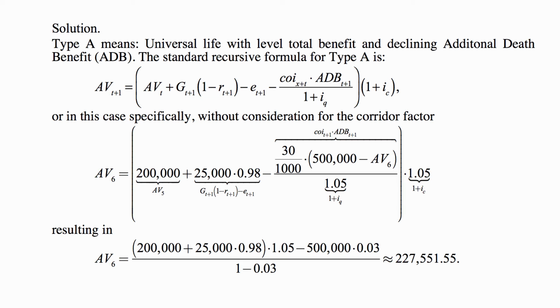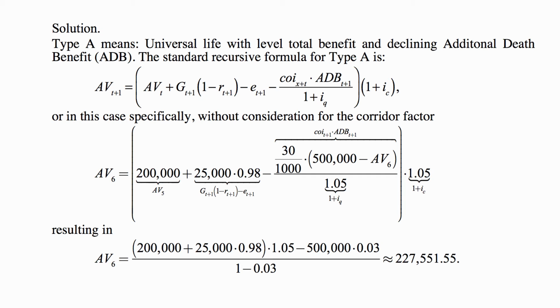Well, we do the calculation first without any consideration for the corridor factor and see what happens. And if it turns out that the death benefit of 500,000 is too small in relation to 2.5 times the account value, then we will have to make an adjustment. So we plug in the numbers. The previous account value was 200,000. The premium is 25,000.